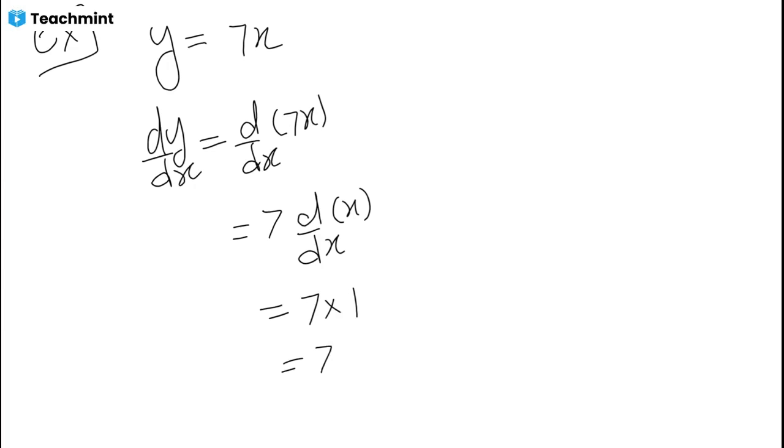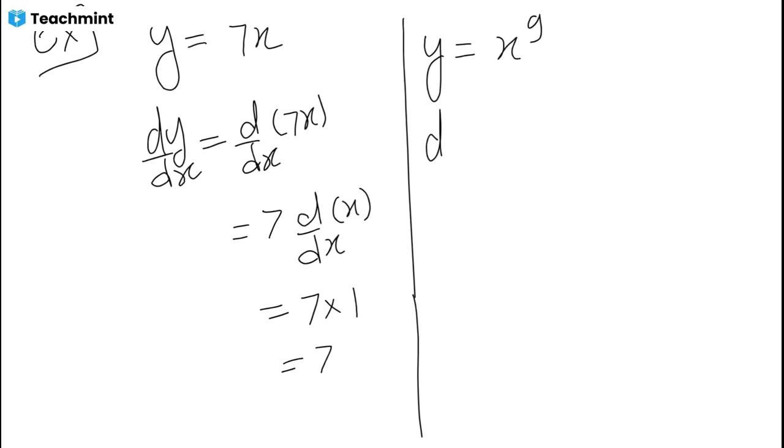Yes, ma'am. Next, let us take an example where we have x to the power of something. Y is equal to x to the power 9. Now let us differentiate it. So dy over dx is equal to d over dx of x to the power 9.